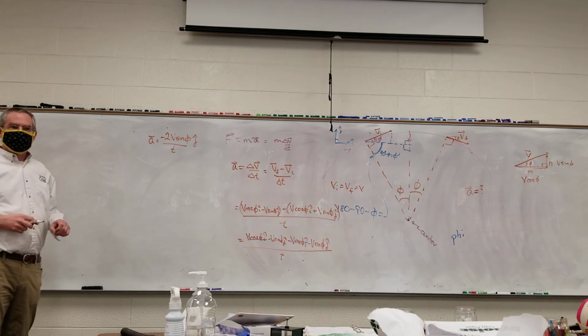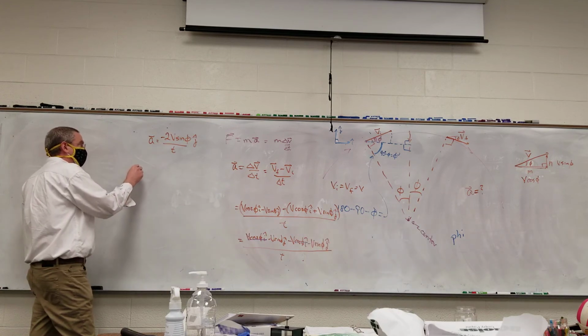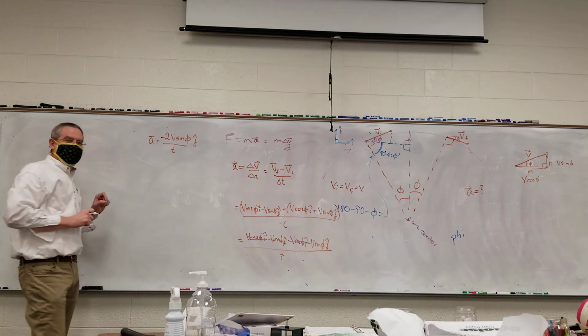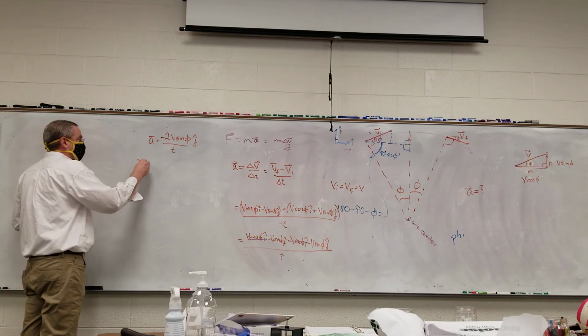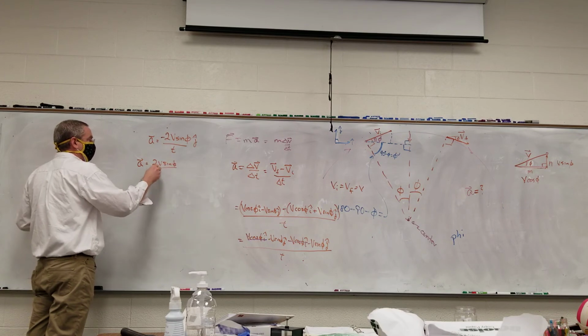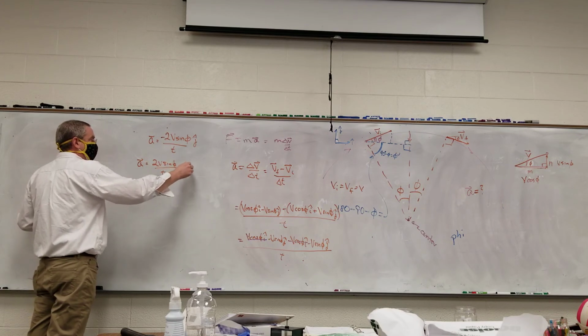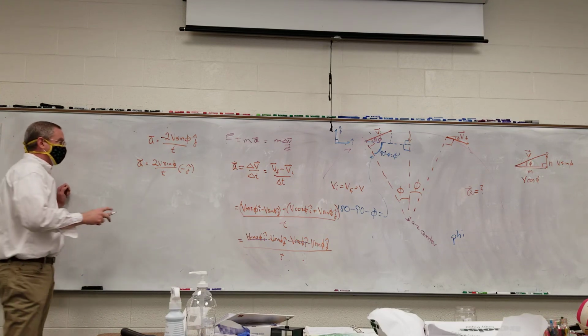So we need to take it to a next step here. I'm going to take the negative j hat and put it off to the side. So this is equal to 2V sine phi over time, times negative j hat, and they do have that in parentheses because otherwise I'm just subtracting j hat, which is wrong.